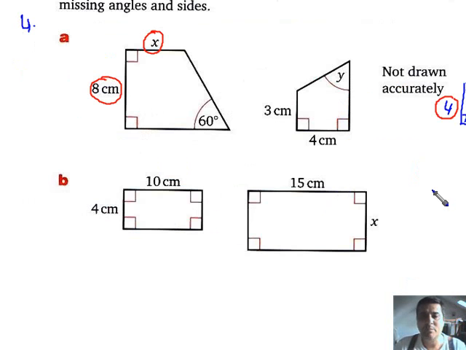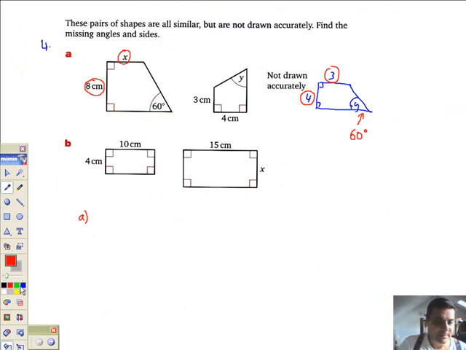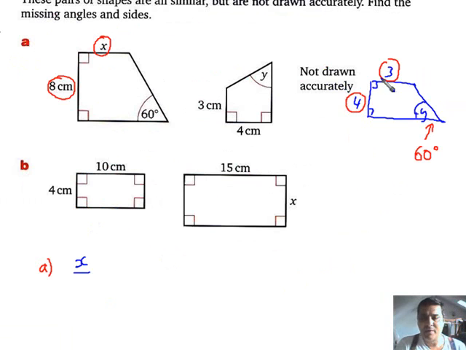But let me just teach you a method that will always work. So I'm going to do A just down here right now. Let's go back to blue. So I want X. So X divided by the corresponding length 3, because remember I've drawn it around the right way so you can see which length corresponds with which length on the smaller shape.